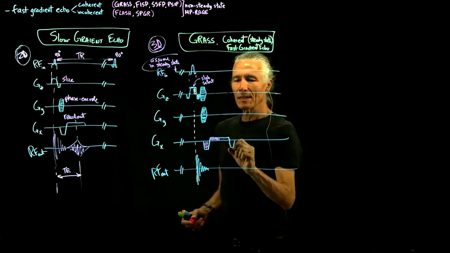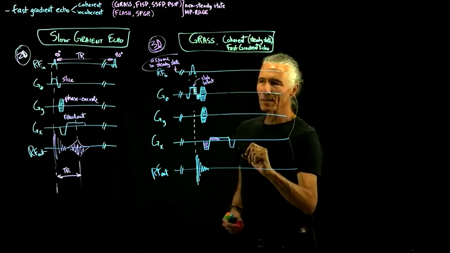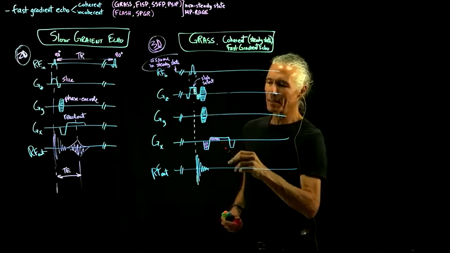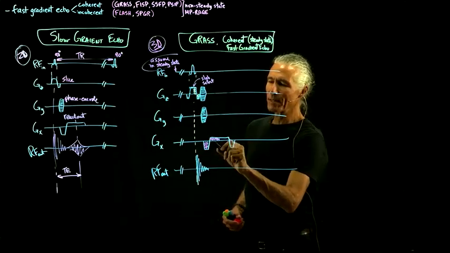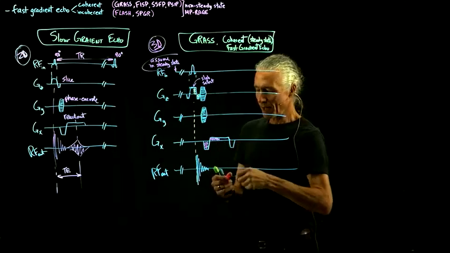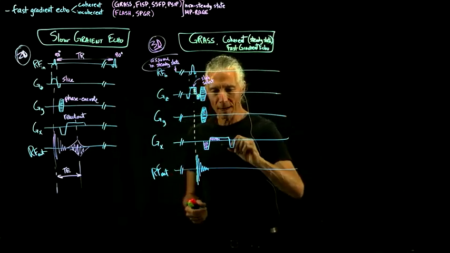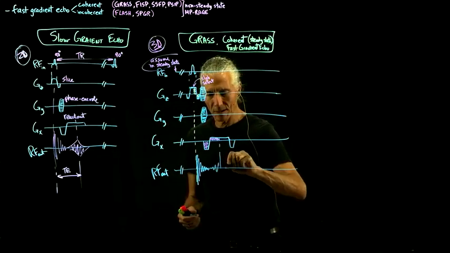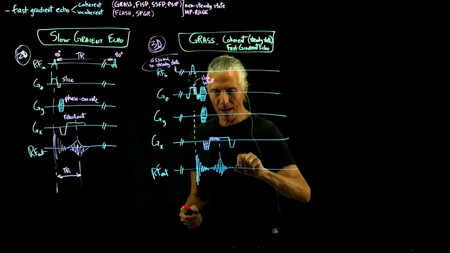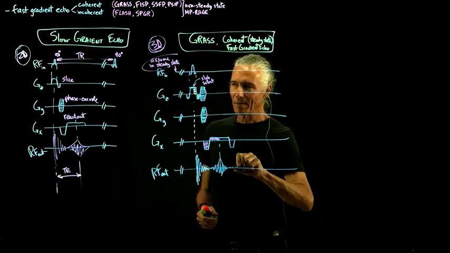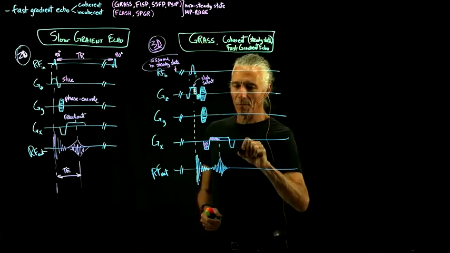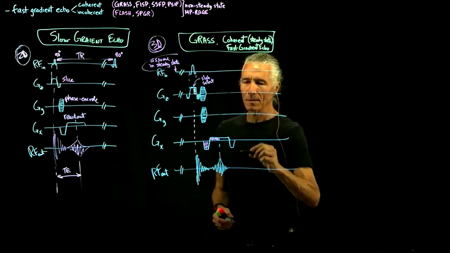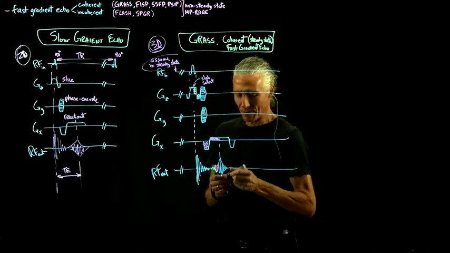The idea of this last one is to put us back in the center of k-space, because we go to the left of k-space and then the center of k-space is right here. That's when the echo occurs. And then at this point, we're at the right side of k-space, and so this will put us back to the center.